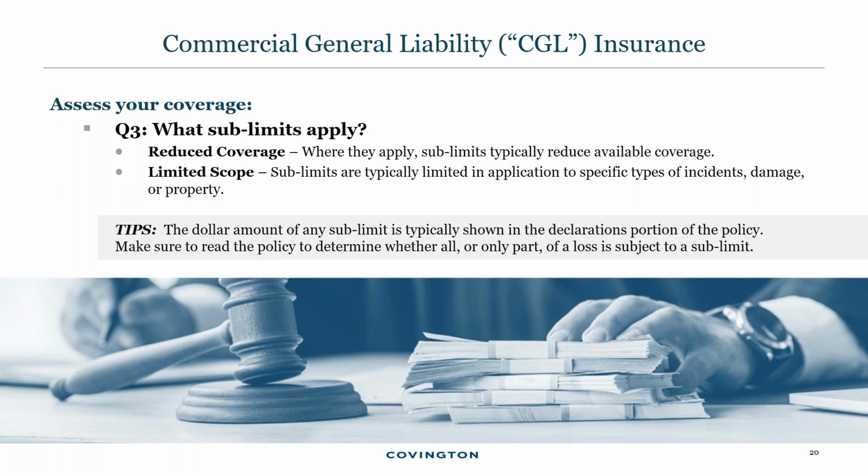On the other hand, you're probably only going to see a sublimit related to a particular type of incident, damage, or property. Tip here is that the dollar amount of any sublimit is typically shown in the declarations portion of the policy. However, make sure to read the policy to determine whether all or only part of a particular loss is subject to a sublimit.